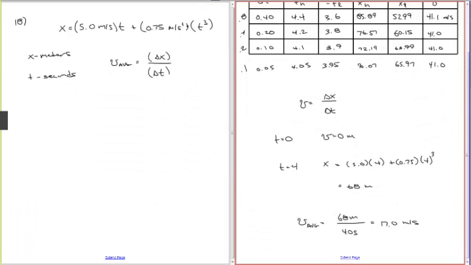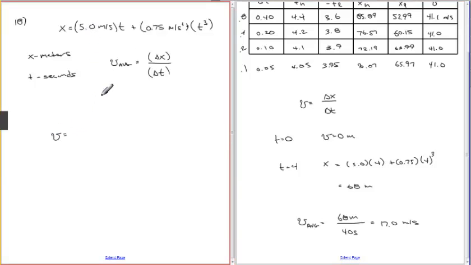Now I'm going to show you something that, once I share this back again, is something we'll learn in calculus. It turns out in calculus you can calculate the velocity by taking the derivative.